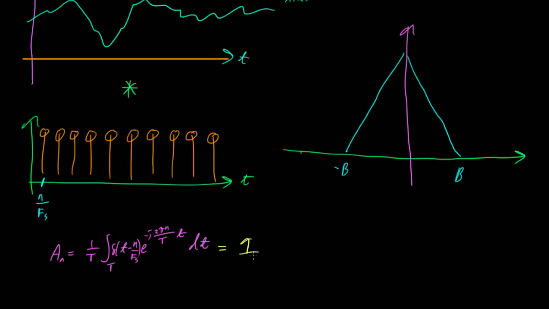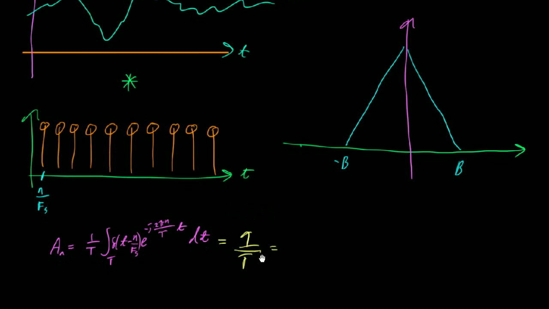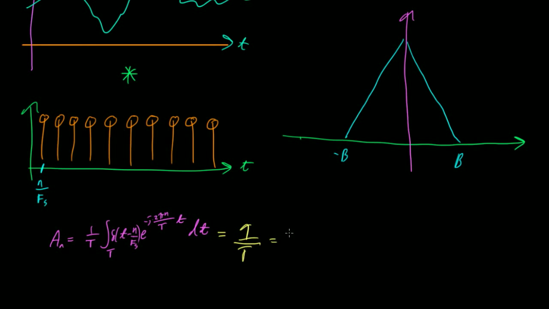So what this comes down to is 1 over the period. What's 1 over the period? The period is n over fs, where fs is the sampling frequency.